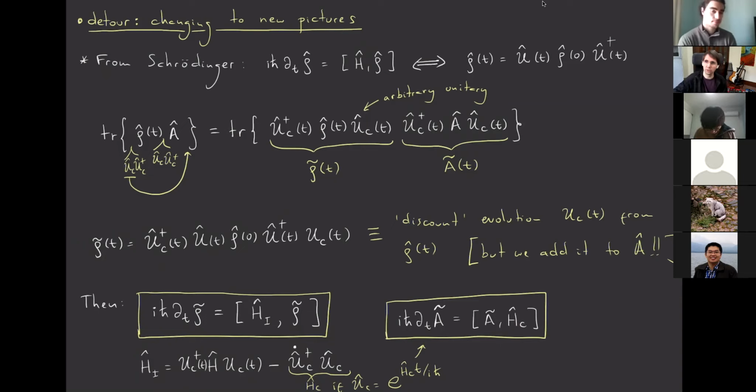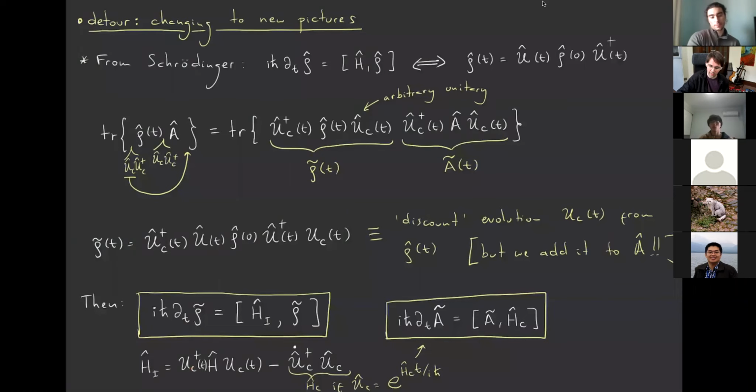So long story short, we can always define a new picture in which our state evolves according not to the original Hamiltonian, but the transformed Hamiltonian minus some Hamiltonian that we want to remove, so some evolution that we want to remove.